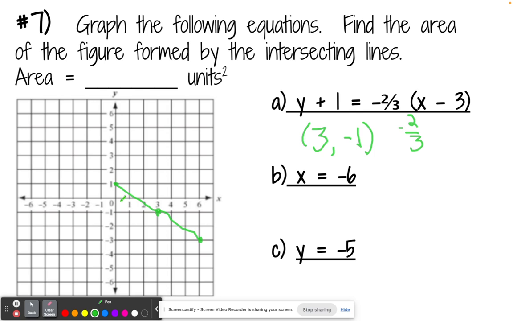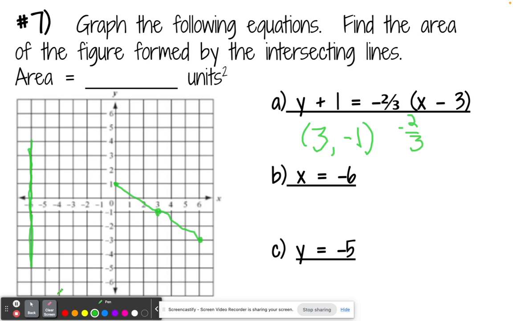Then I have x equals -6. Well, here's my x equals -6. That would be a line that goes just straight up and down like this. I was going to change colors, but I didn't click it well enough.